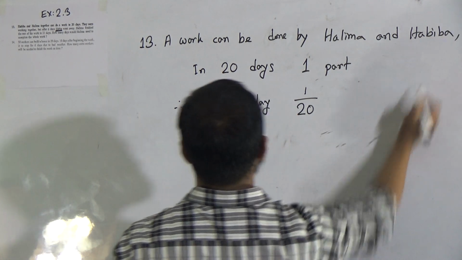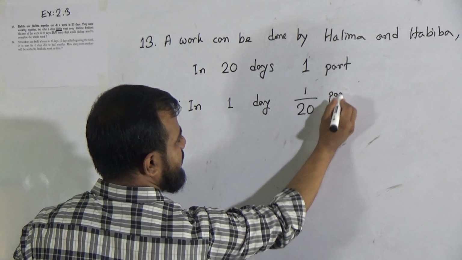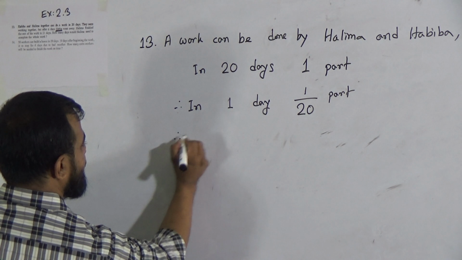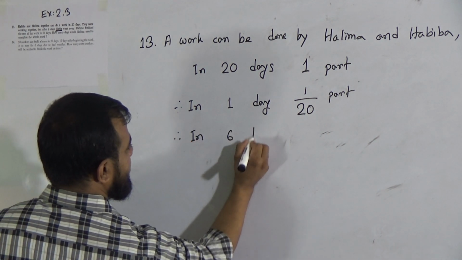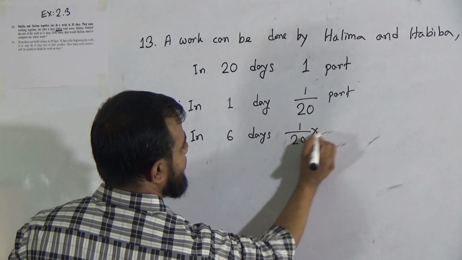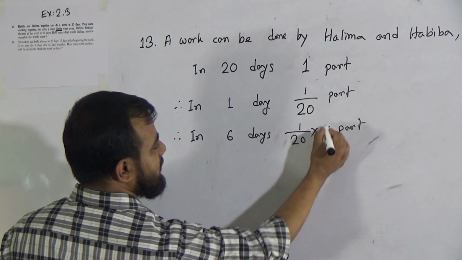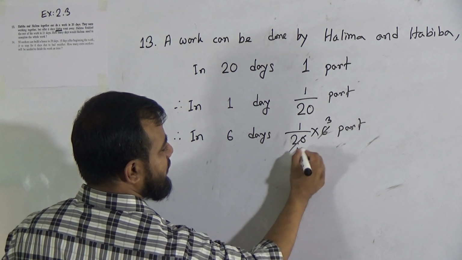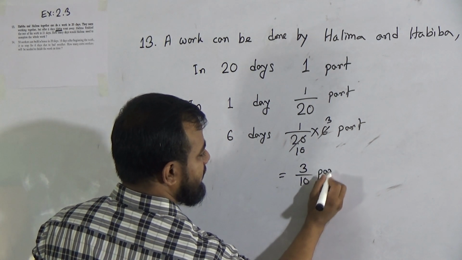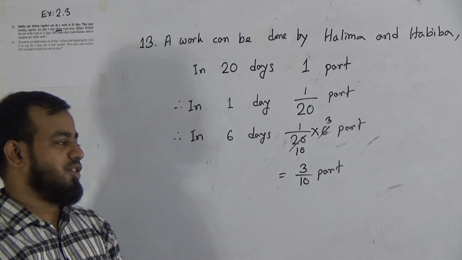In 20 days one part, in 1 day 1/20 part, and they work for 6 days together. Therefore in 6 days, 1/20 multiplied with 6. We can cut this one by 2, it will be 3 over 10. That's equal to 3/10 part is done in 6 days because they worked together.